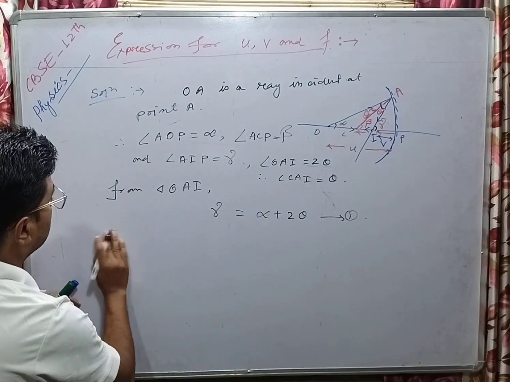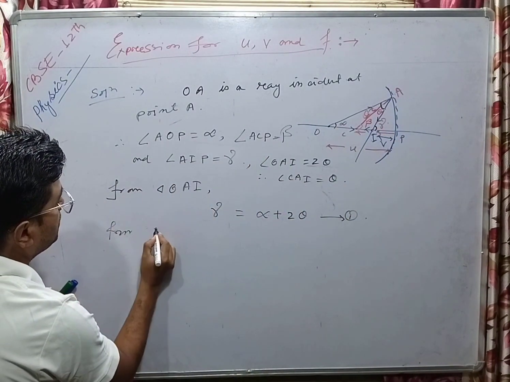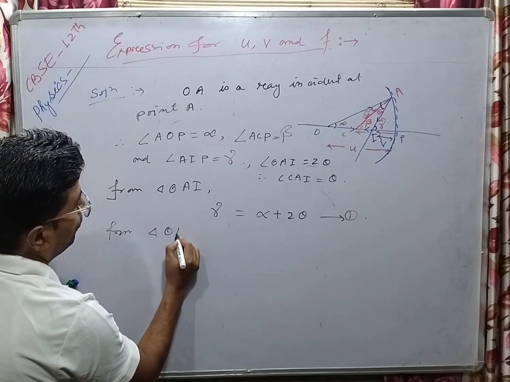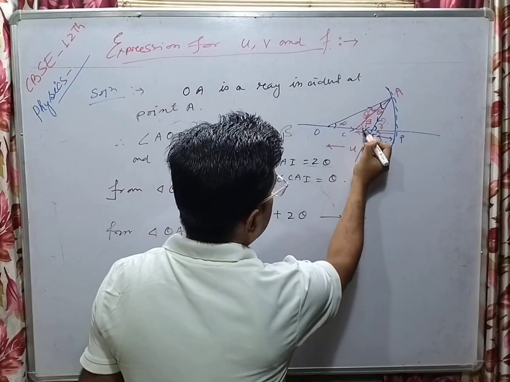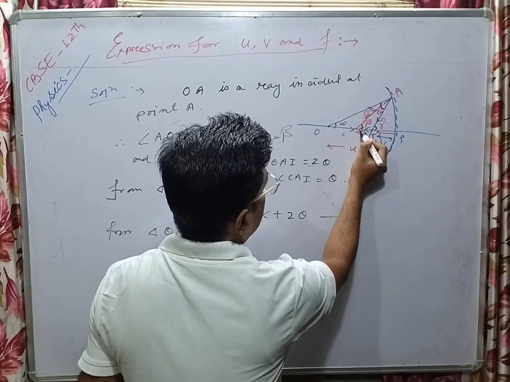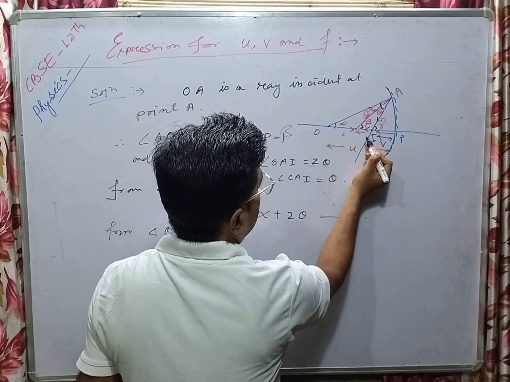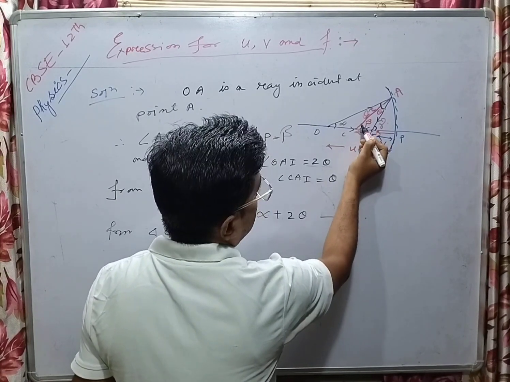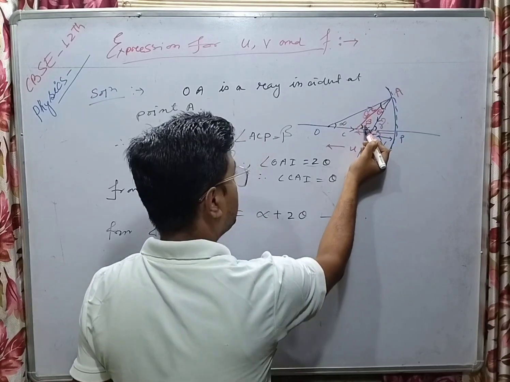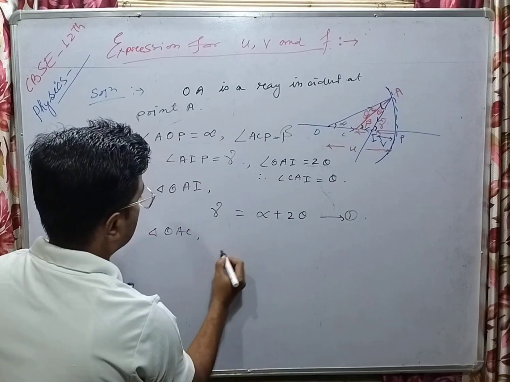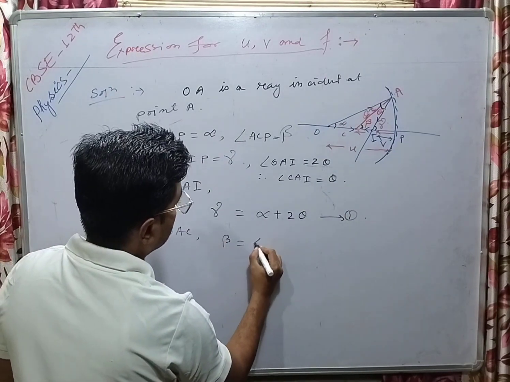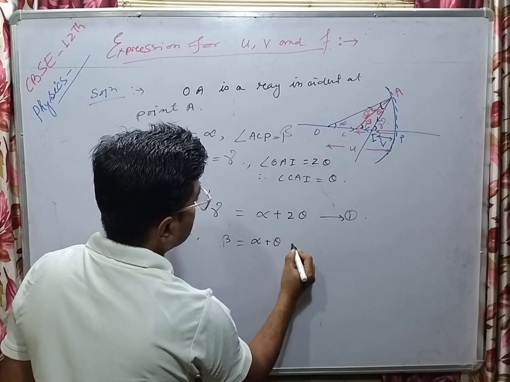From triangle OAC, this angle is an external angle. Therefore, angle beta will be equal to the sum of theta plus alpha. Therefore, beta is equal to alpha plus theta. This is equation number 2.